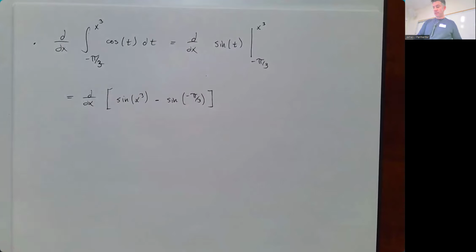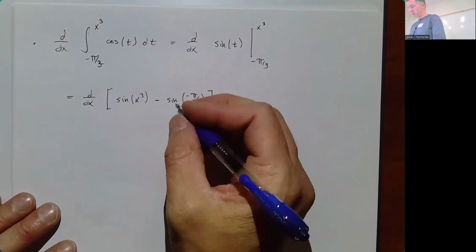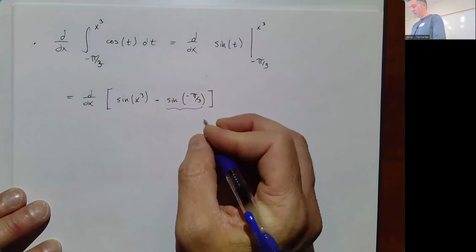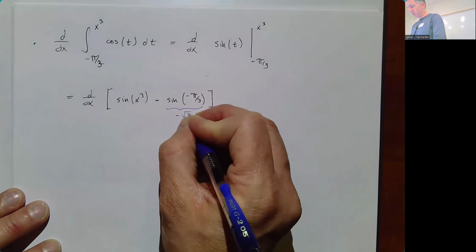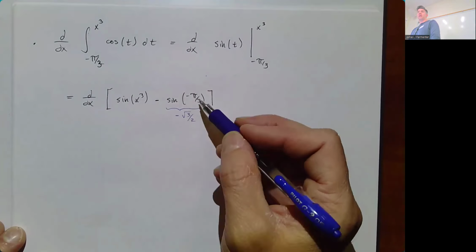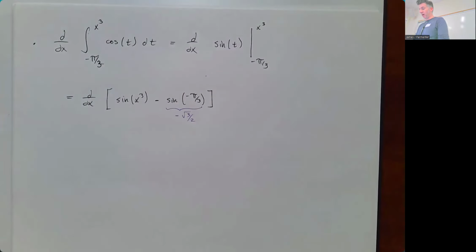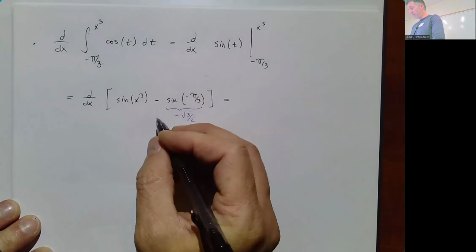I will point out, because I chose this specifically, sine of pi over 3 is root 3 over 2. Sine of negative pi over 3 is negative root 3 over 2. But really, I just wanted to show you that if you're plugging in a constant here, you're getting a constant out. And so when we take the derivative of that constant, that part's going to be 0.